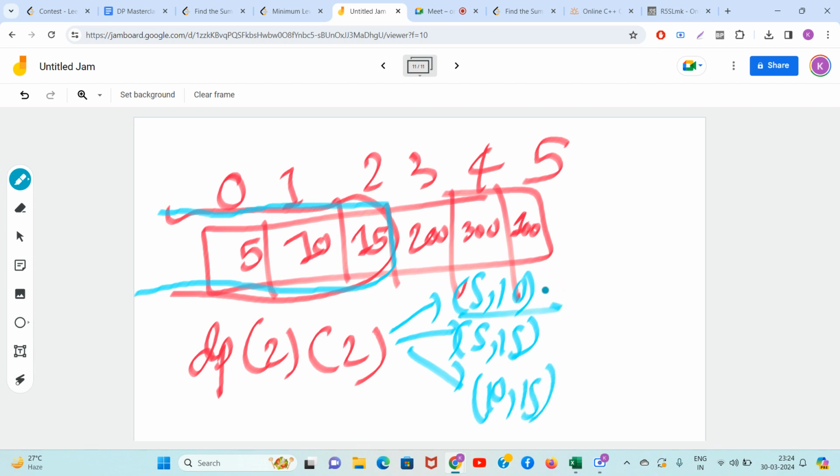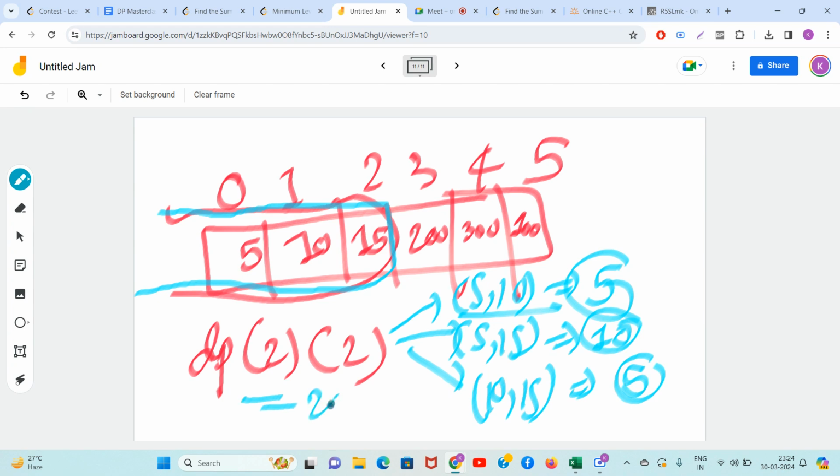In 5 comma 10 the minimum difference is 5. In 5 comma 15 the minimum difference is 10. 10 comma 15 minimum difference is 5. So 5 plus 10 plus 5, 20. Guys, dp2 of 2 is 20.